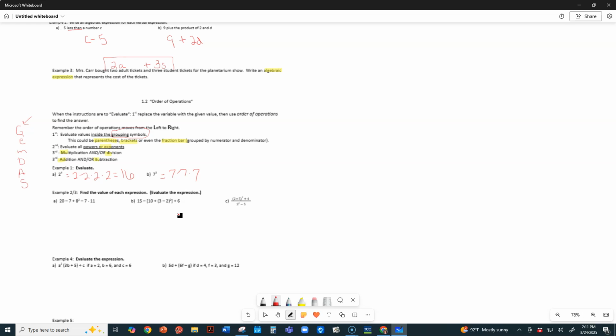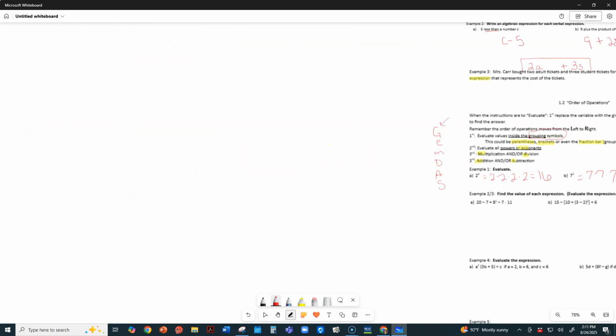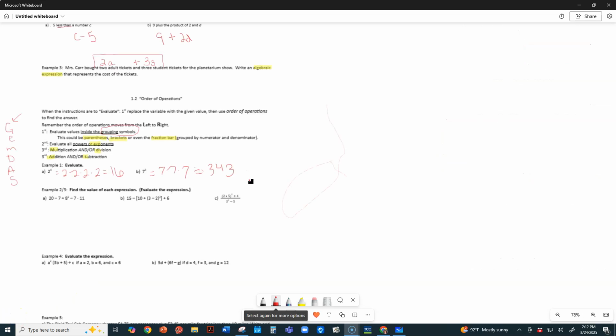And then 49 times 7, which is, I'm using my calculator, is 343. You will not have a calculator. Oh my goodness, hold on. Accidentally pressed the button. So there's 343 is 7 times 7. 7 times 7 is 49. 49 times 7 is 343.